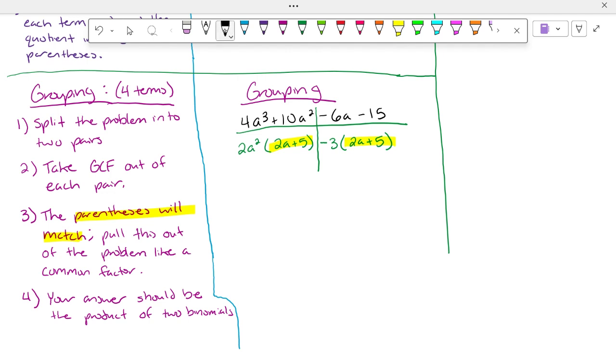Since my parentheses match, I'm just going to make a note that my GCF is 2a plus 5, which is what I'm going to pull out. So I divide both of these by 2a plus 5. These cancel. So my answer is 2a plus 5 times 2a squared minus 3.